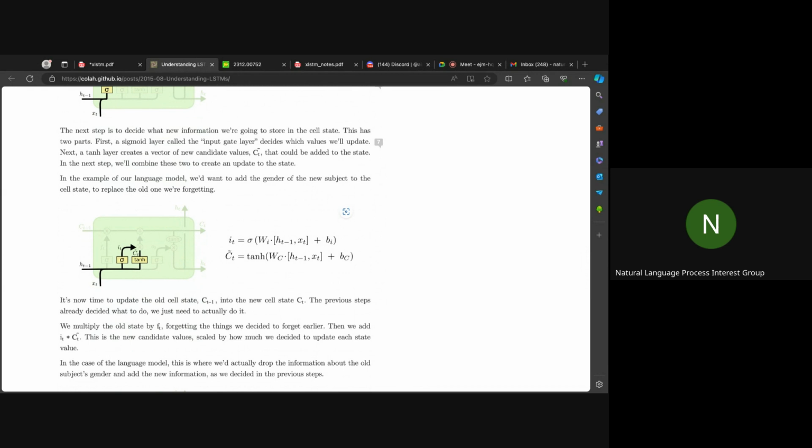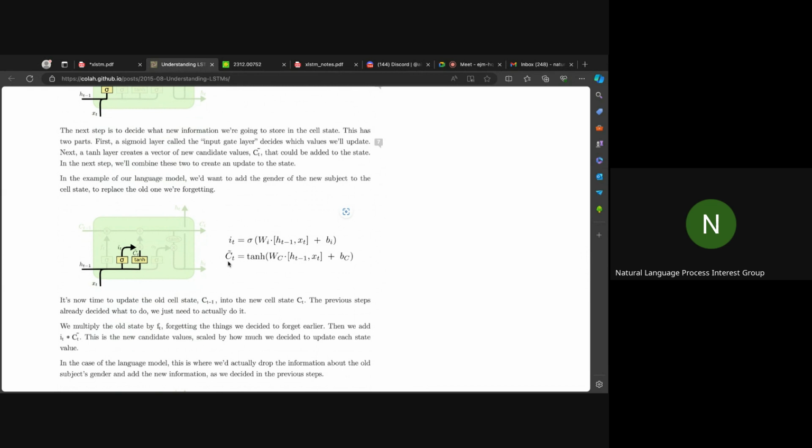We first calculate the values of the input gate, which is denoted by it. The input gate tries to learn what sort of information the model should add to the cell state based on the information that we have.